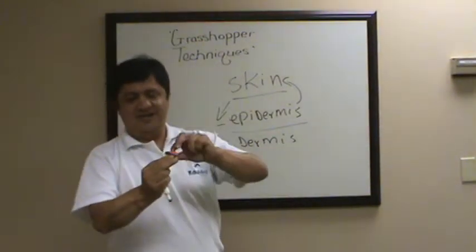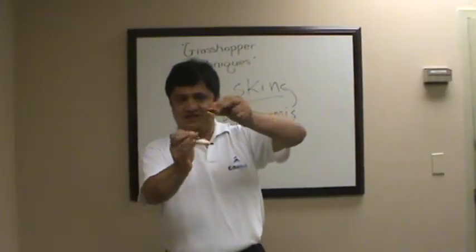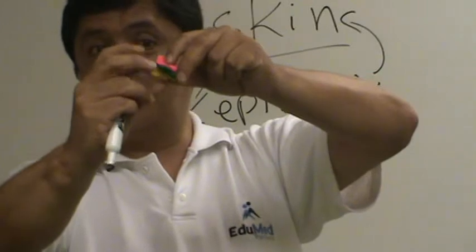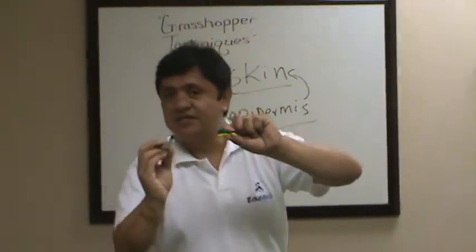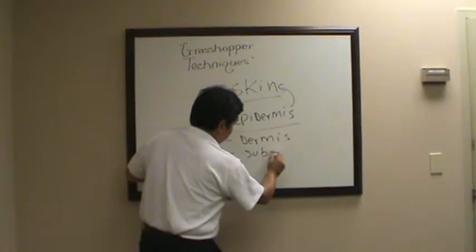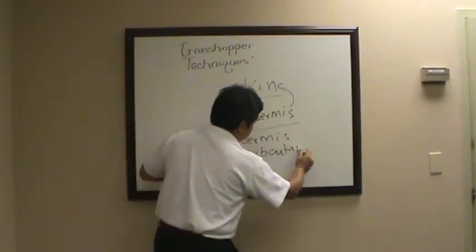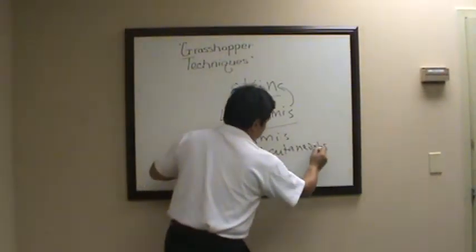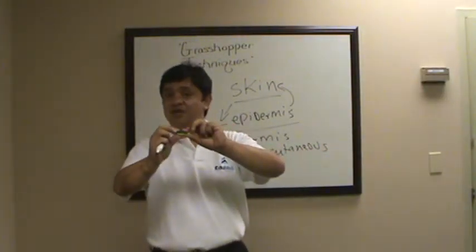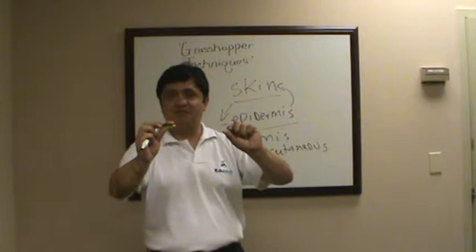And the third layer is called the subcutaneous. I'm going to put it in here. The subcutaneous layer. So we cover those 3 layers of the skin.